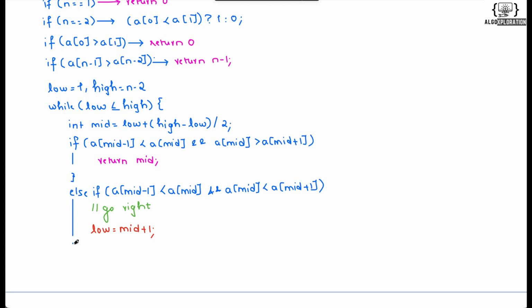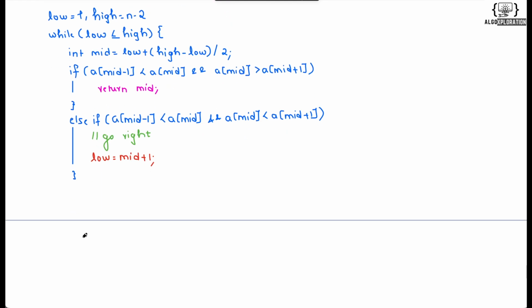And at last we can have the else case, in which we have to go on the left. Since we have to go left, high will be mid minus 1. That's it.